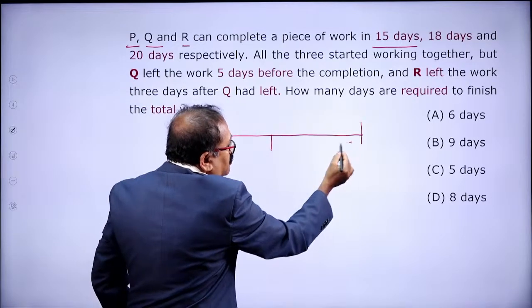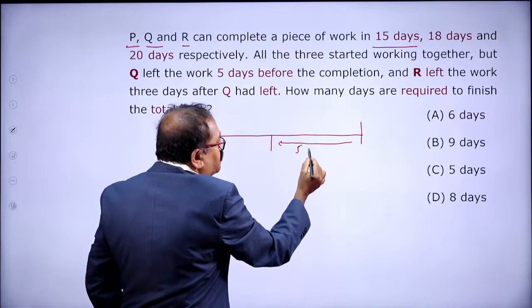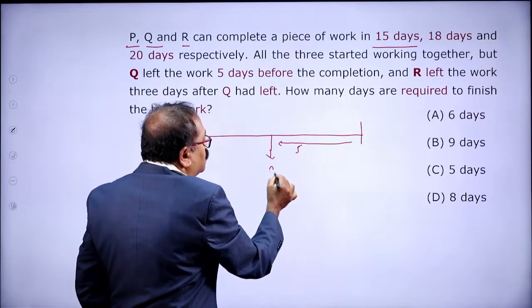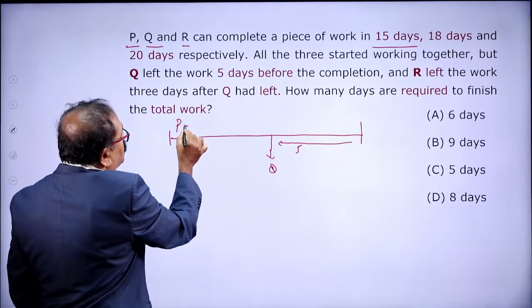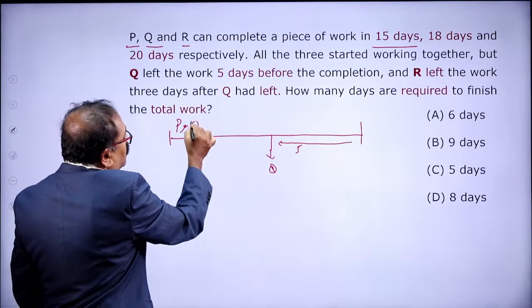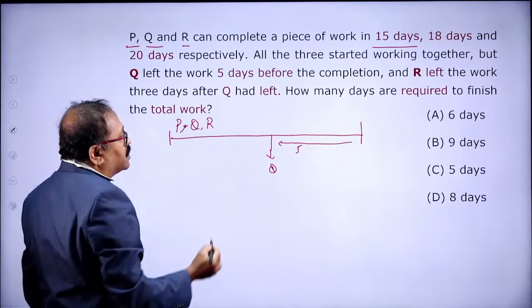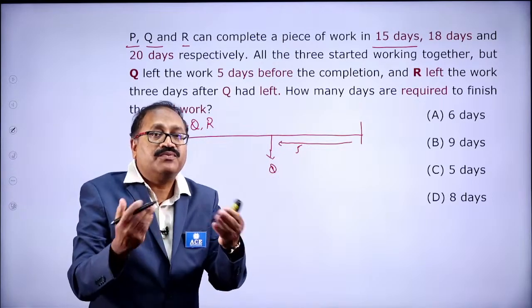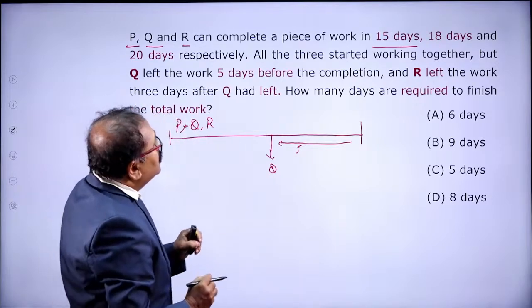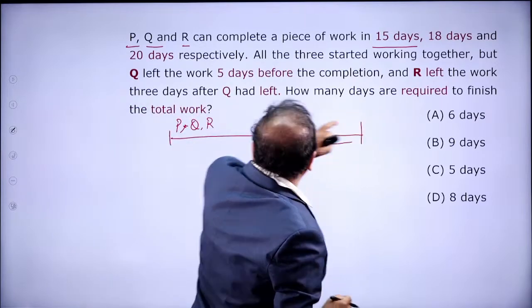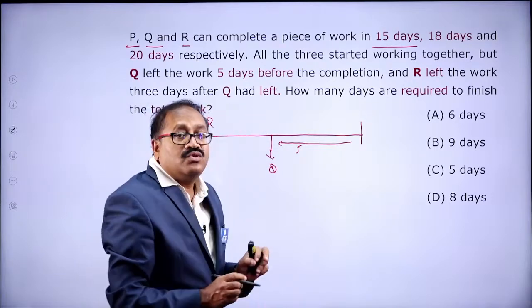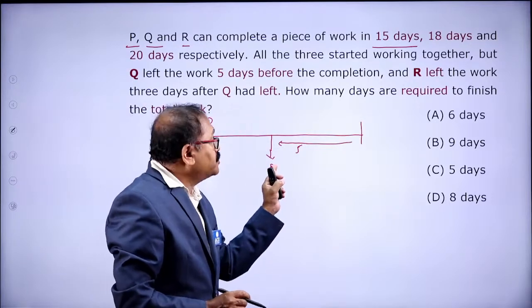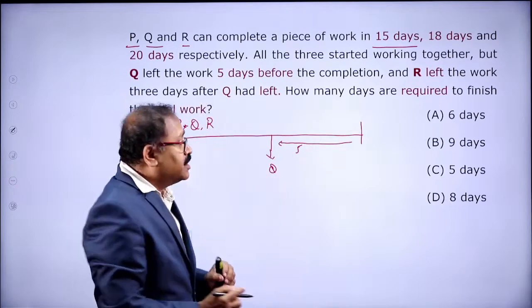Let's assume that 5 days before the end, Q left. All 3 of them started, that is P plus Q plus R, all three were working. Q left 5 days before completion of the work, and R left the work 3 days after Q left.